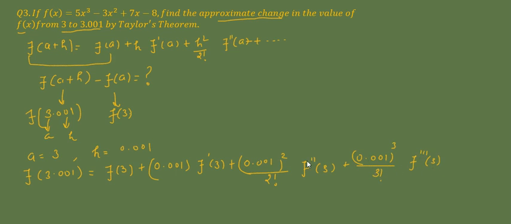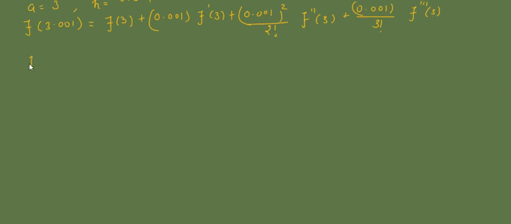And there is no need to compute higher order derivatives because the degree of this polynomial is 3. So the fourth and higher order derivatives will be 0. So from this you will get the approximate solution. So write the function f(x) is equal to 5x cube minus 3x square plus 7x minus 8.